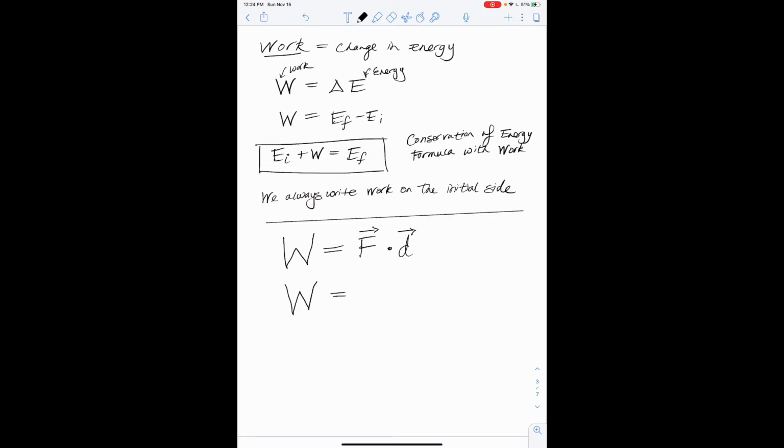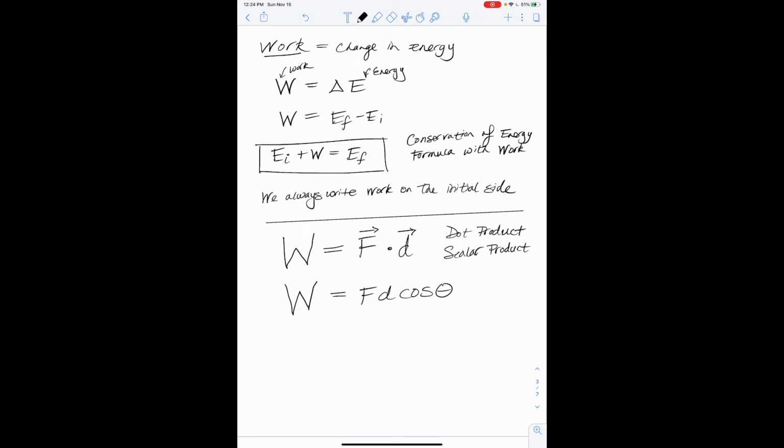All right, so when we do the dot product, which we also call the scalar product, we end up getting a scalar. And so when we do the math, it ends up looking like this. So what are we saying here?